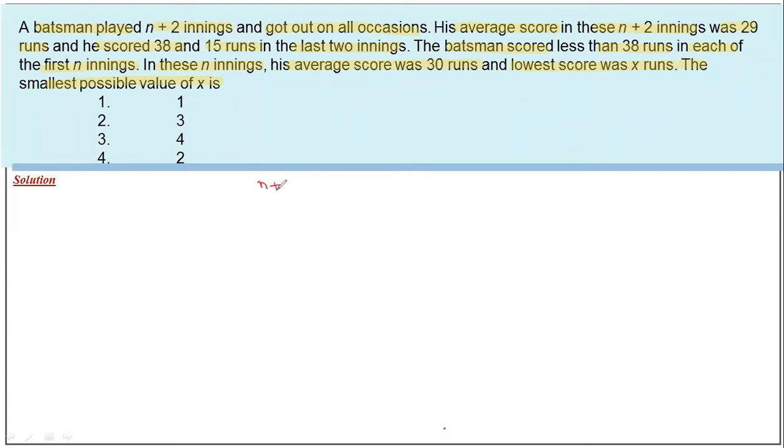Okay, so given that in n plus 2 innings his average score was 29 runs, that means the total is 29 into n plus 2, which is equal to 29n plus 58.